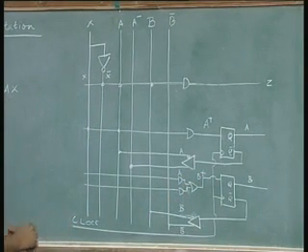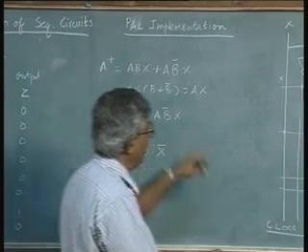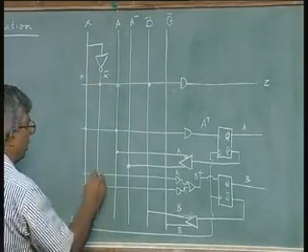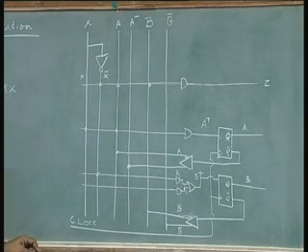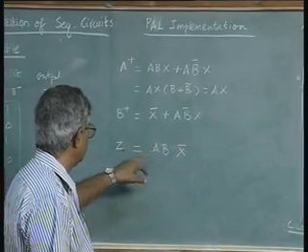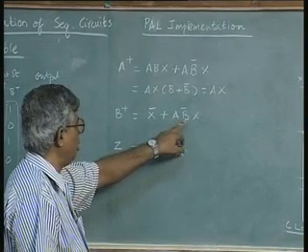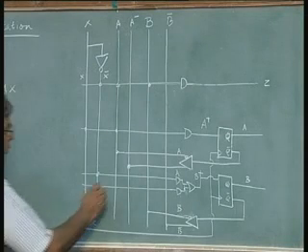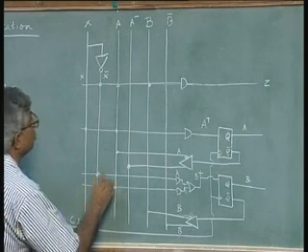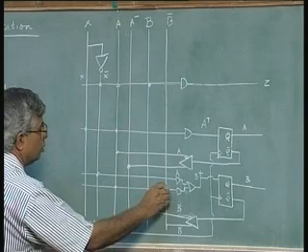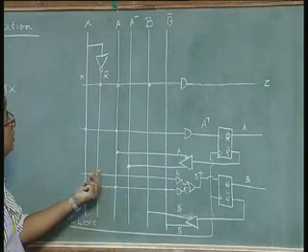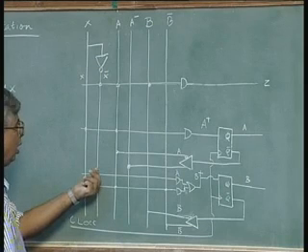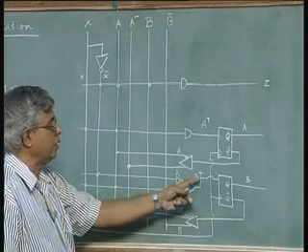What are the 2 terms required for that? One is simply X bar. So let us have this X bar as one of the inputs of the OR gate. The other input of the OR gate is A B bar X. So A B bar X or X bar together gives me the next state variable B plus.